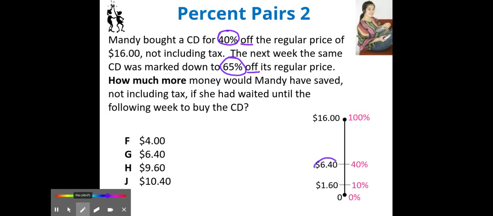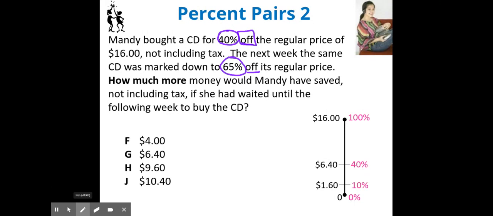Would Mandy have saved $6.40 or would she have spent $6.40? Hopefully you got that correct. The answer is she would have saved $6.40. How do we know? Because the word problem says that's how much she would have gotten off the regular price.